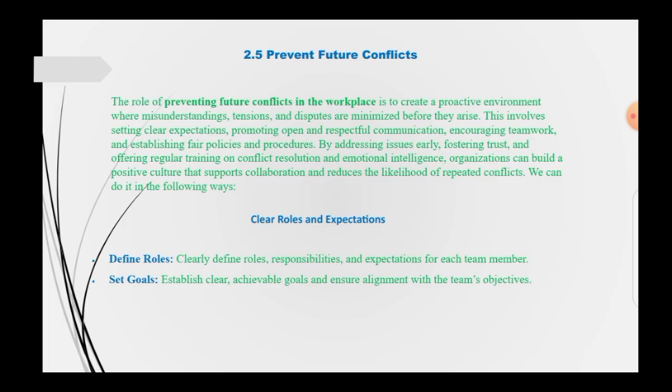It also boosts employee morale and job satisfaction as individuals feel heard, valued, and safe. Ultimately, preventing conflicts helps create a stable and efficient workplace culture where teamwork thrives and organizational goals are achieved more smoothly. Thus, defining clear roles and expectations in the workplace is essential for ensuring smooth operations, enhancing accountability, and improving overall team performance.